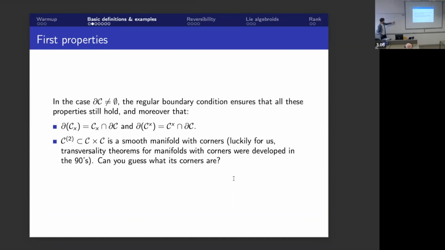So the set of corners in here is precisely, let me write, corners of C2 is just the set of all pairs from the corners of here, which are composable. Okay. So this is sometimes called a totally neat submanifold. The nomenclature is silly.